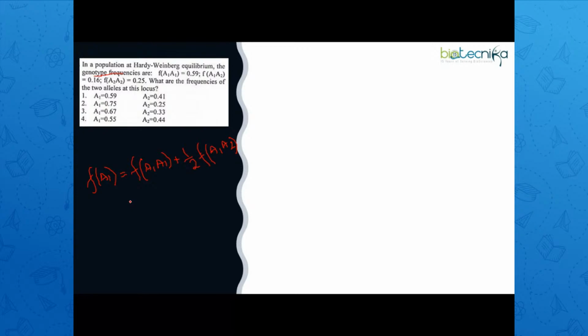So here my f of 1,1 is given as 0.59 plus half of my heterozygous, that is 0.16. So this is 0.59 plus half of 0.16, which is 0.08, right? So now if you add it up, you're coming to 0.67. So option 3 is the correct answer.